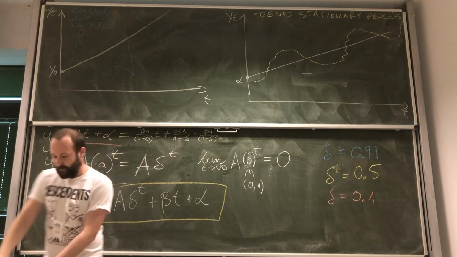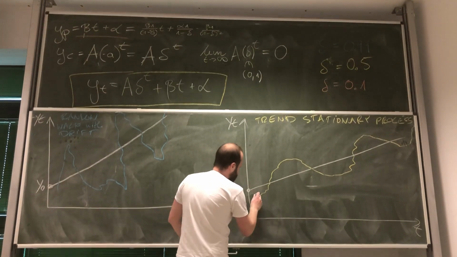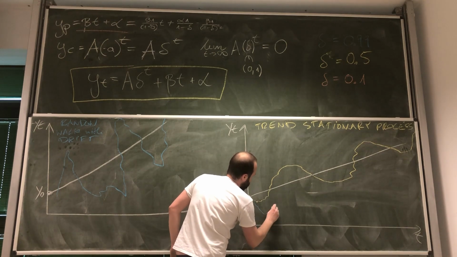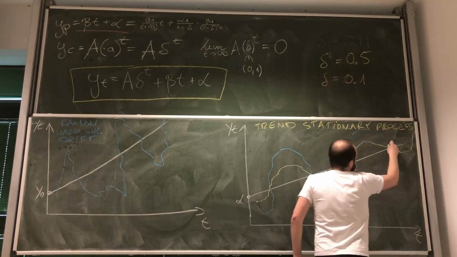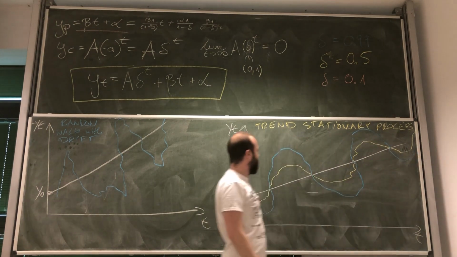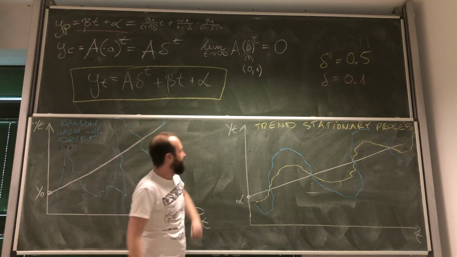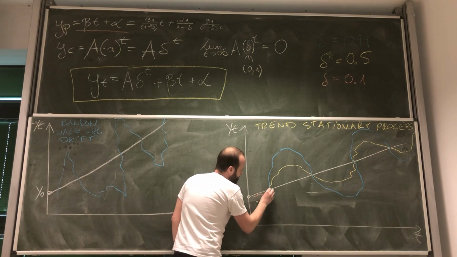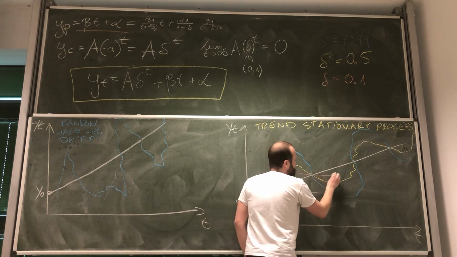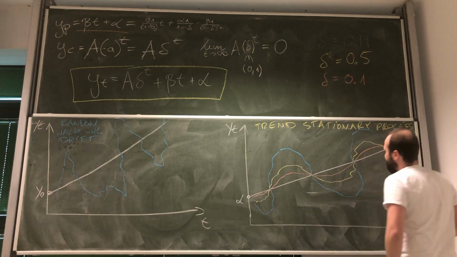So look, in the first case, we would expect the economy to look, let's say, more like this, right? However, in the last case, the economy would probably be moving like this.